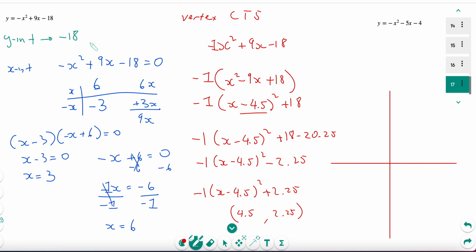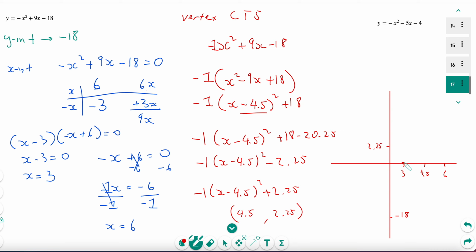So what do we know? We know the y-intercept is negative 18. We know our x-intercepts are 3 and 6. And we know our vertex is 4.5, positive 2.25.